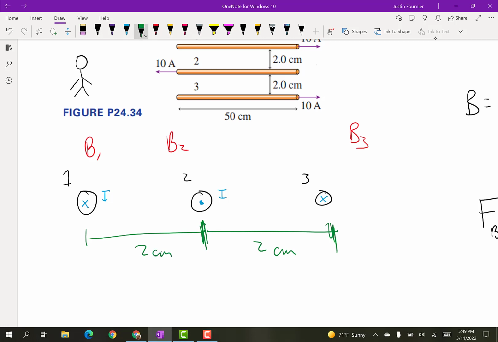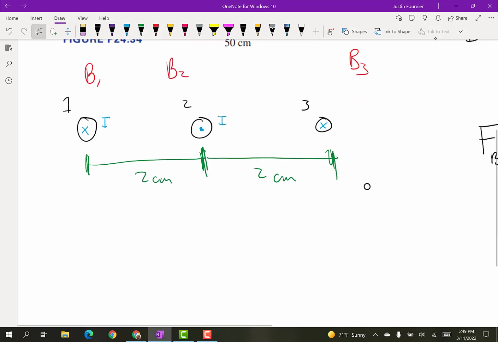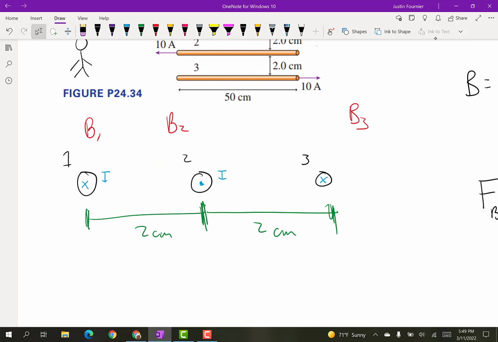Using my right-hand rule, I can find the magnetic field due to wire 2. It's going to point downward, like that. This is the magnetic field due to wire 2.